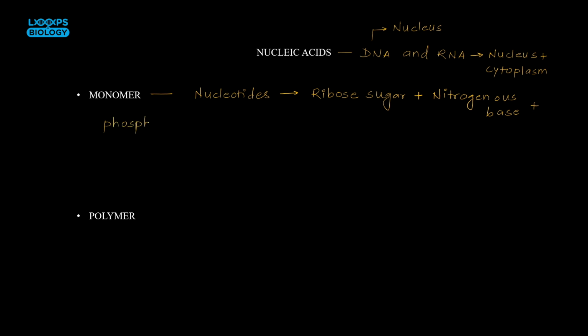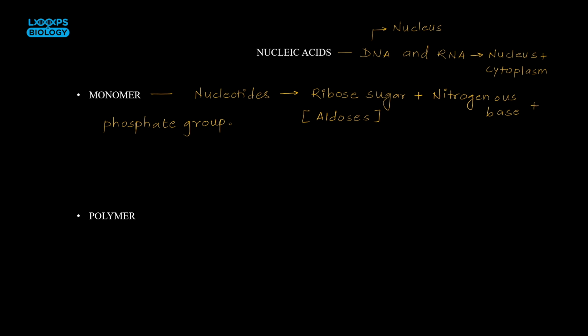So these are basically the three components which are present inside your nucleotide. What about ribose sugar? This ribose sugar is nothing but your aldoses. Are you remembering my prior videos?